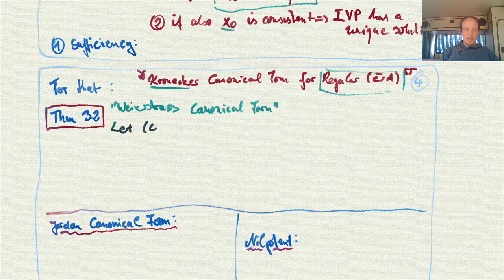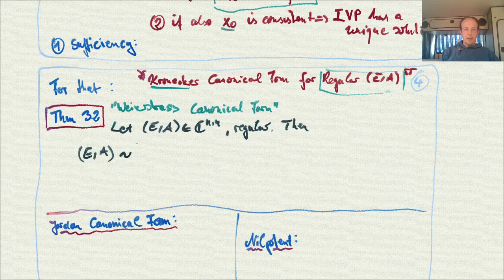As above, let E and A be square matrices and regular. Then it holds that this pair E, A is strongly equivalent to a matrix pair that looks like that. So here's an identity matrix. Here is an N matrix.